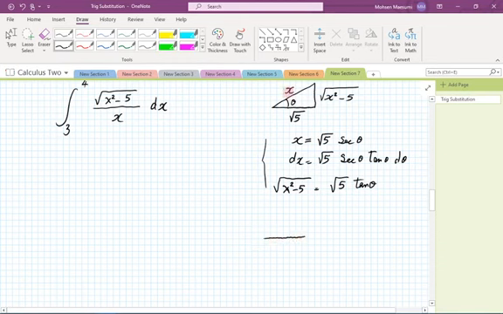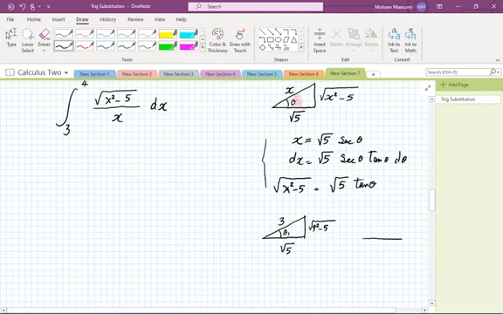Consider this problem when x is 3. Let's suppose this is the situation where x is 3. This is radical 5, and therefore this is x squared, which is 9 minus 5, and this is some angle. Let's call this angle 1. And then theta changes.